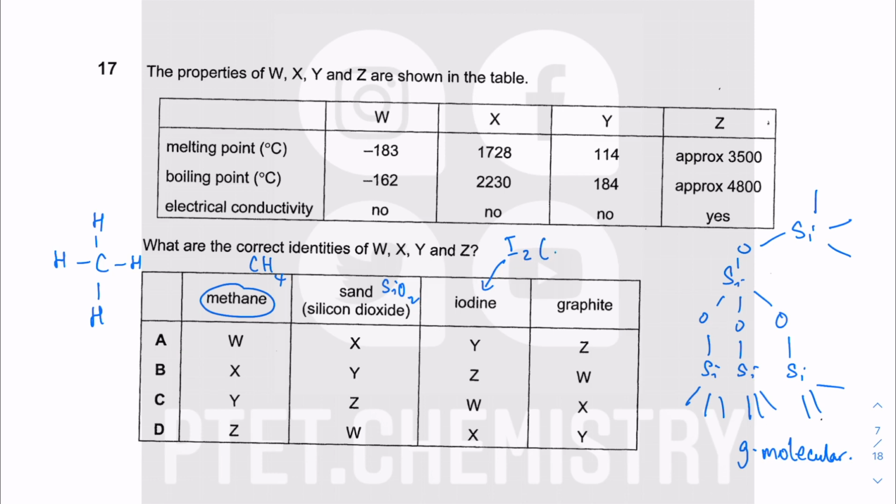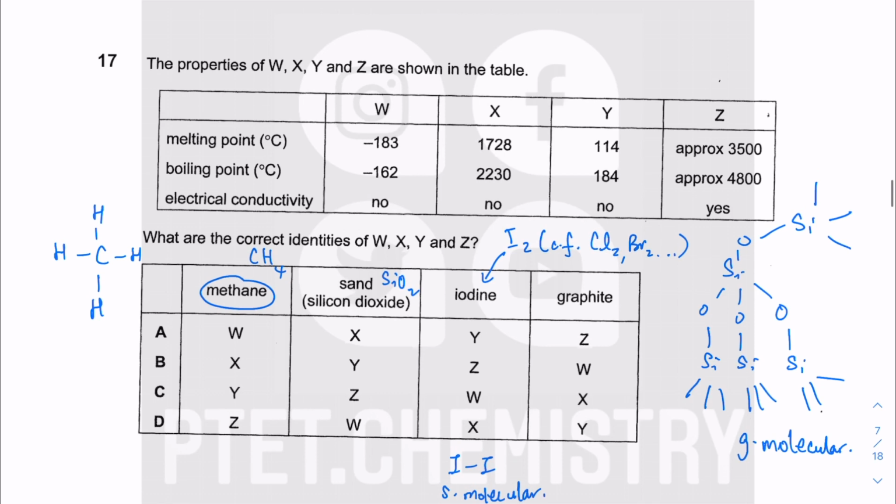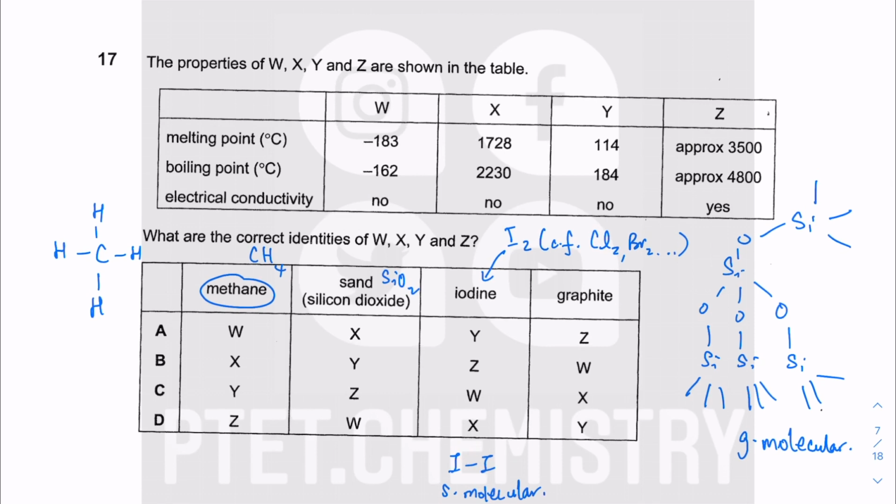If you can imagine the relationship to Cl2, Br2, then you know it will be I2, simple molecular structure. Because they are simple molecular structures, they have covalent bonds between the atoms, but you also have weak intermolecular forces, and that is what you break in order to melt or boil simple molecular compounds.